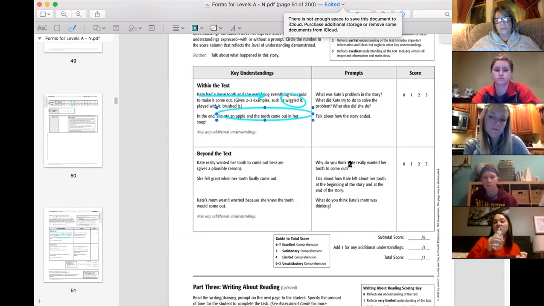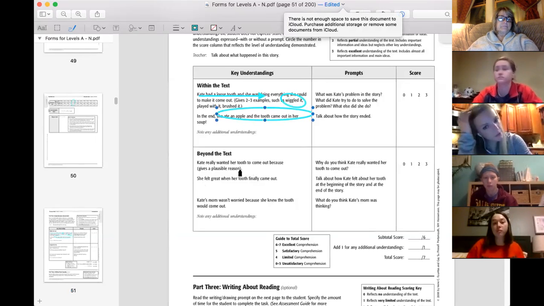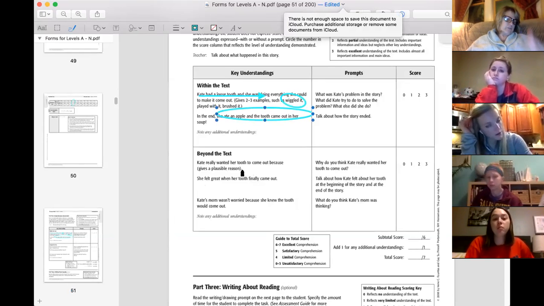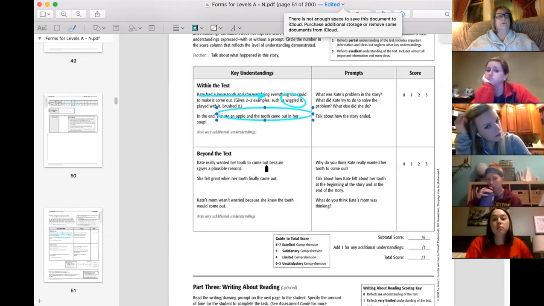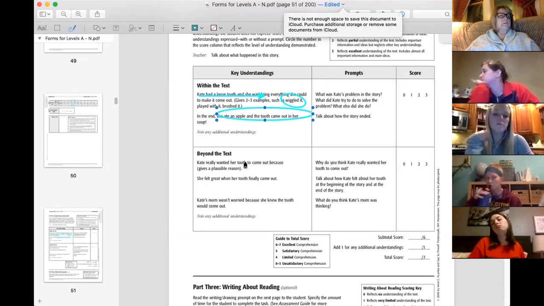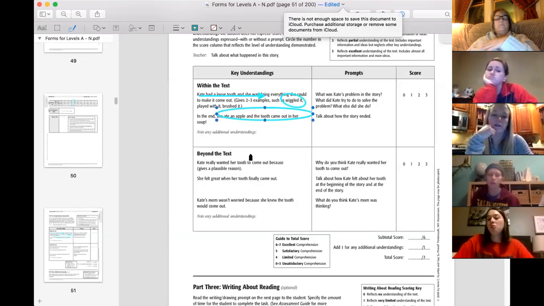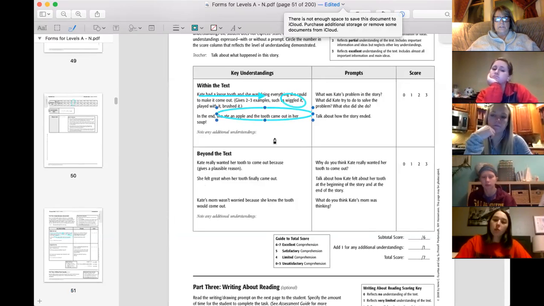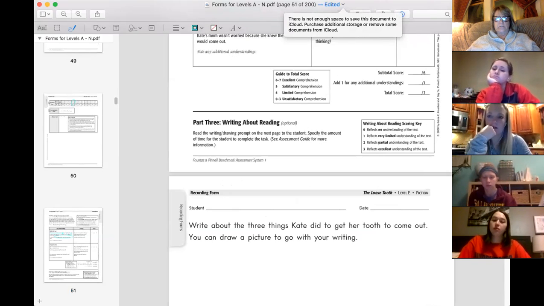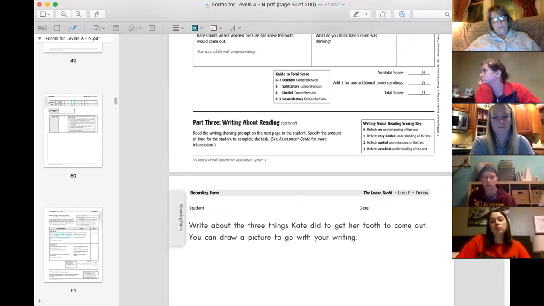Why do you think she wanted her tooth to come out? And here, they don't give you any choices. They're telling you, take anything that's reasonable, because it hurt, because it bothered her when she ate. I don't know what other reasons. And again, you have a writing section. Write about the 3 things Kate did to get her tooth to come out.